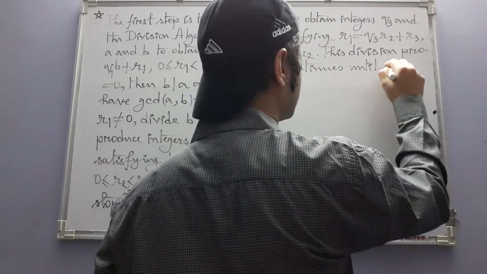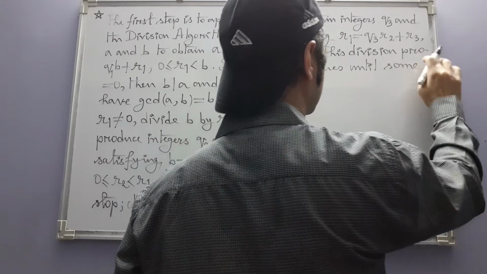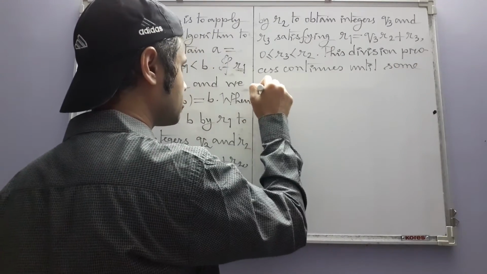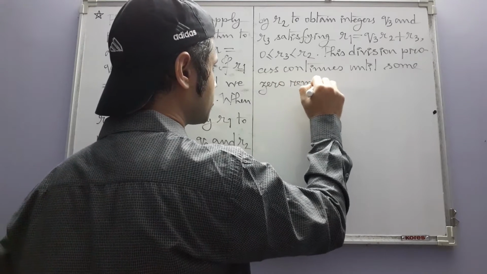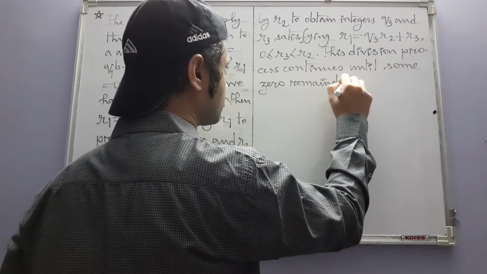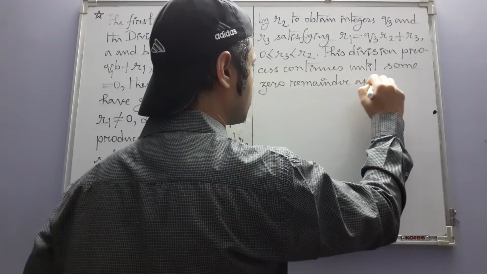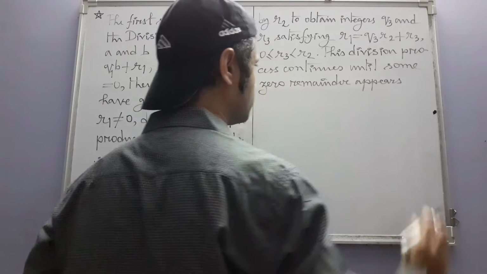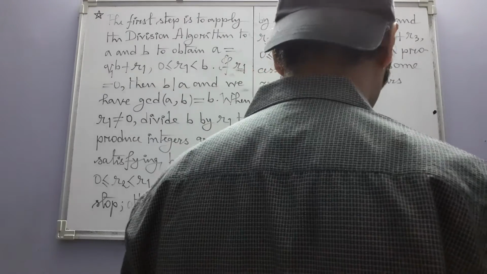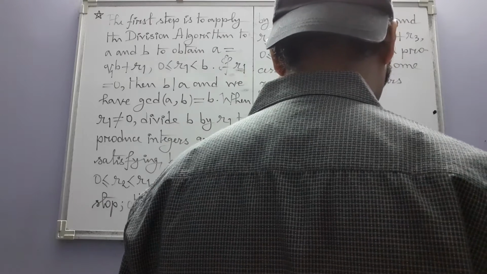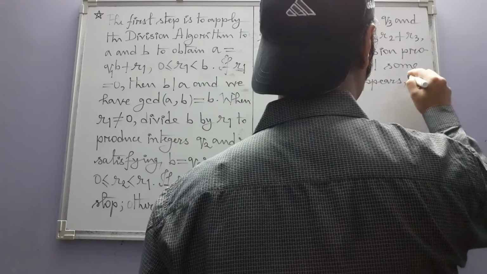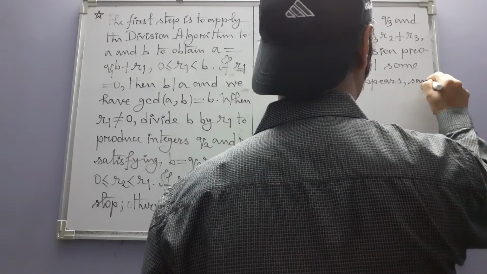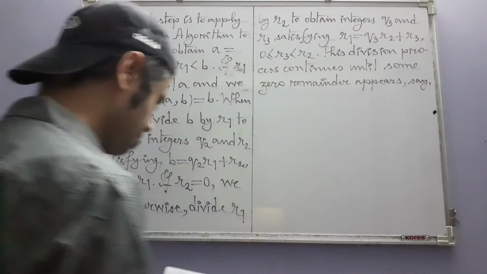Until some zero remainder appears. And the question is, what will happen if a zero remainder does not appear? That will never happen.